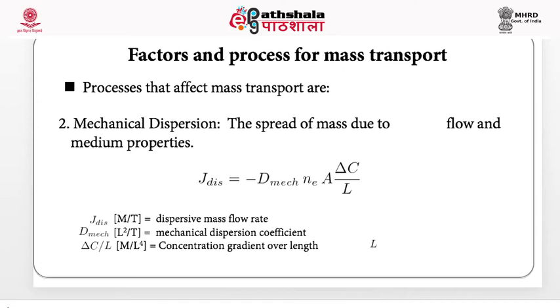Okay, next process that is important in the mass transport is mechanical dispersion. Mechanical dispersion is also a physical process, but it also involves a chemical concentration gradient.